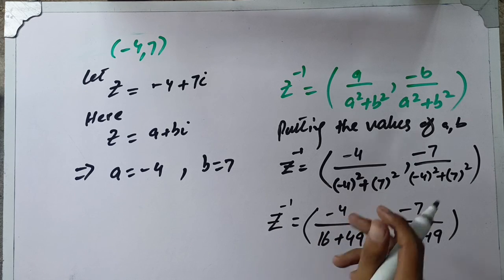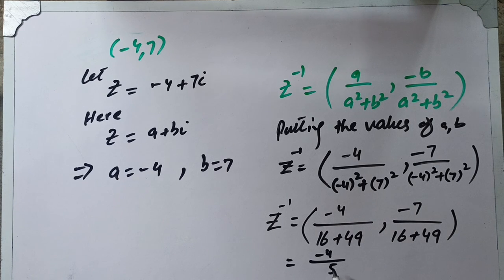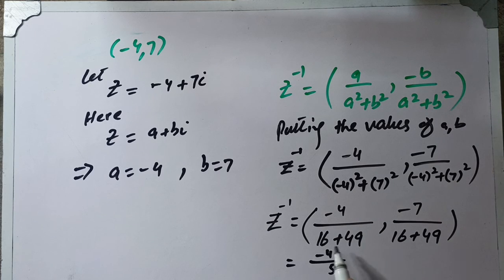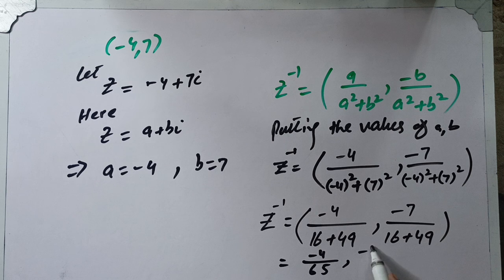But we can simplify it further by adding these two terms in the denominator. So to sum them up, minus 4 divided by 65, and minus 7 over 65.